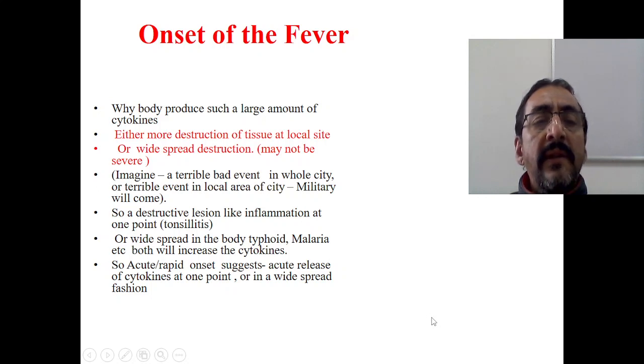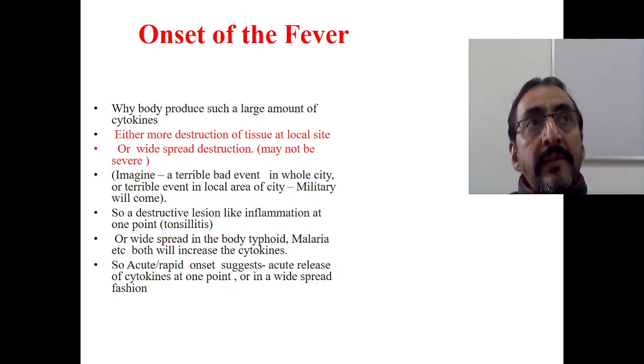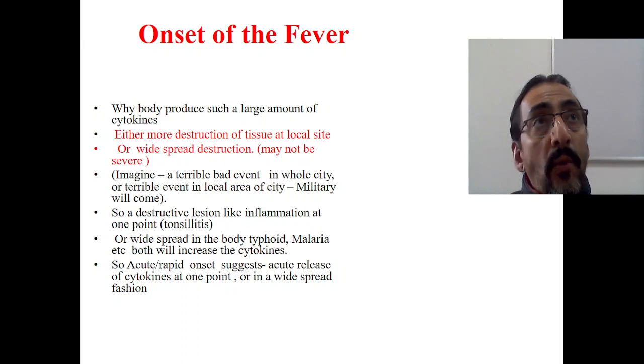Now this terrible event might have happened in the whole city, or it might have happened in a local area of the city, for example some temple area. Whatever may be the case, it may be happening all over the city at once, or it may be happening at one particular part of the city.